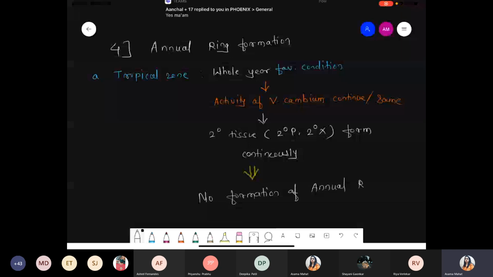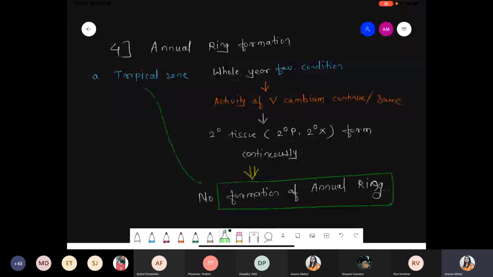So remember one direct question: when does the annual ring get formed? If the temperature is favorable throughout the year, which is the case in the tropical zone, there is no formation of annual ring. That is the first reason.